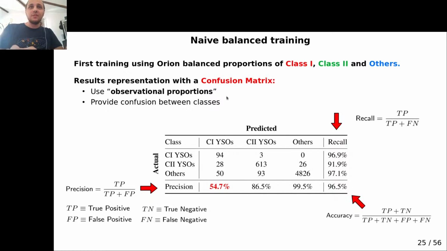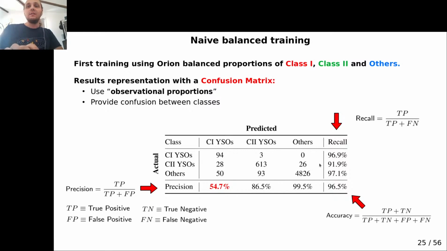What is interesting using this very naive training is that we have a very poor precision in the class 1 WISOs. Why is that? First, you can see that we have very good recall for all of our classes of interest, because most of the class 1 WISOs are actually predicted as such, and it is the same for all the classes.